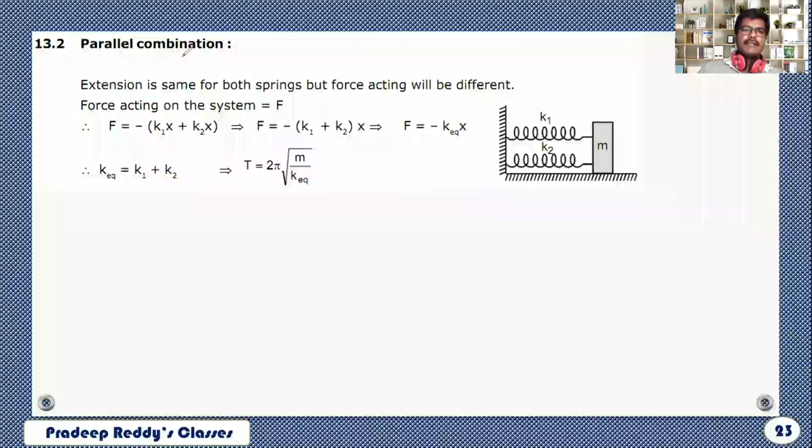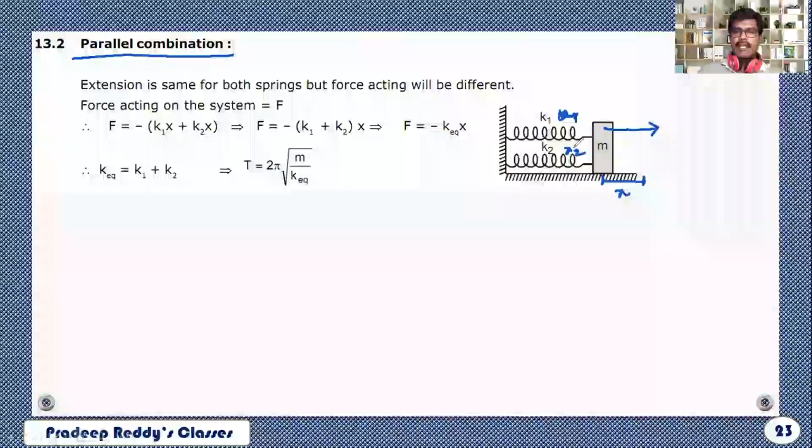When two springs are connected in parallel, then this one will have elongation x1, this one will have elongation x2, but when the mass is moving right side, this mass will be displaced by only some length x. As first spring and second spring both will have same elongation x, I can just take it as x1 is equal to x2 is equal to x.